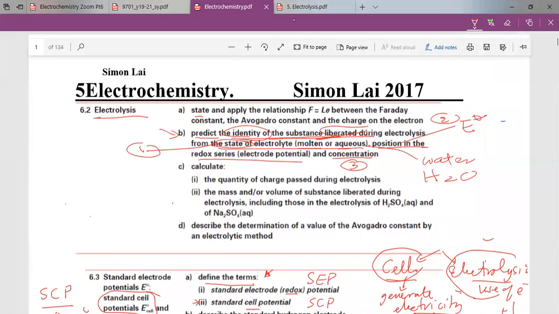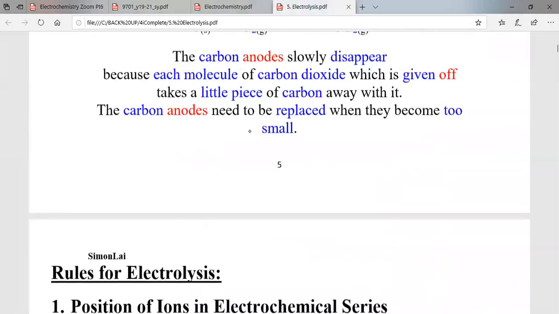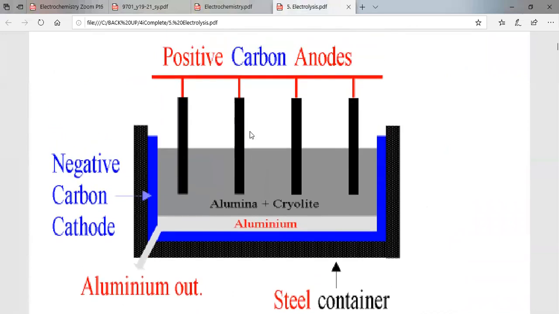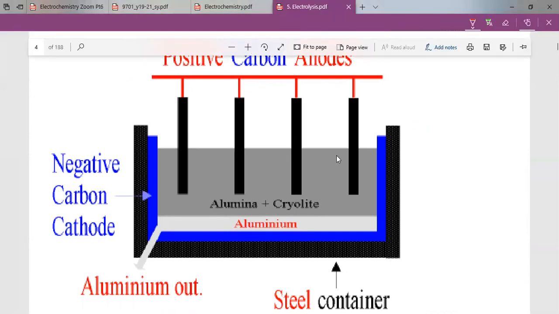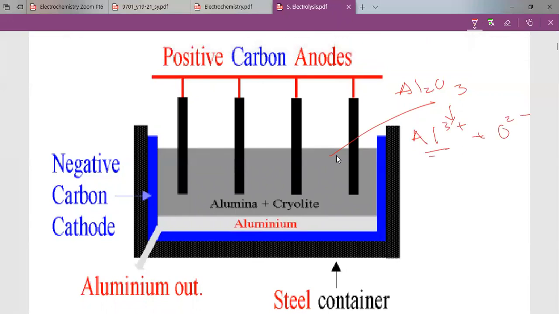You've seen it before in Form 5. If it's molten, for example your aluminium oxide, alumina, Al2O3, when it is molten it only gives you Al3+ and O2-. So there are only these things given out, because this is a positive and this is a negative.